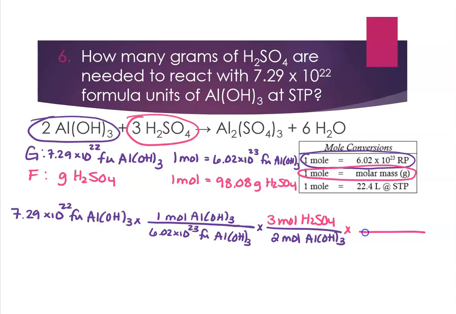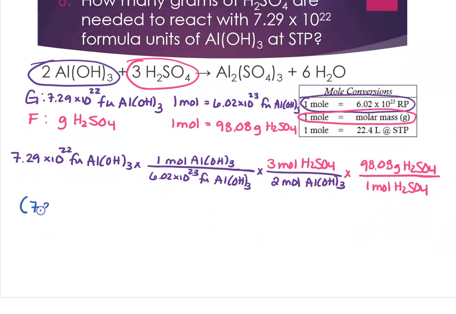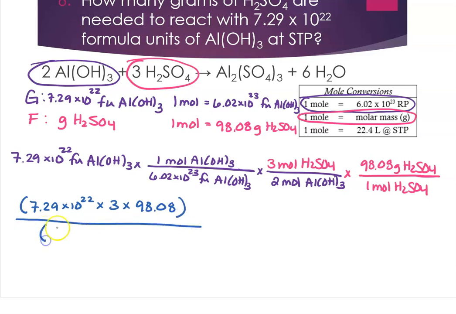And now I'm in moles of H2SO4, so my last step is to convert from moles of H2SO4 into grams by multiplying by the molar mass. So, parentheses 7.29 times 10 to the 22nd times 3 times 98.08. Close parentheses over 6.02 times 10 to the 23rd times 2 close parentheses.